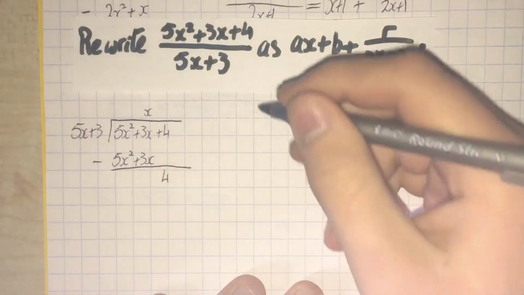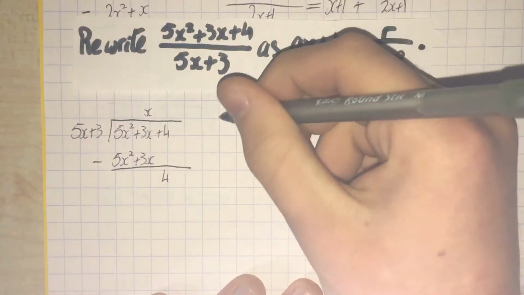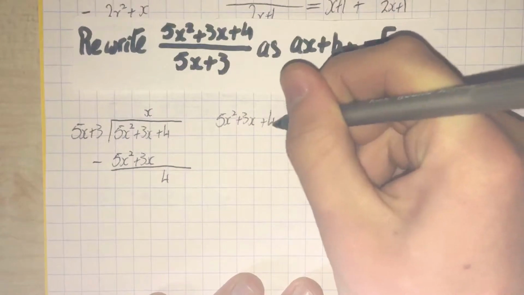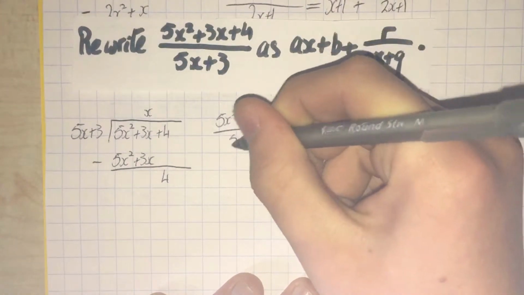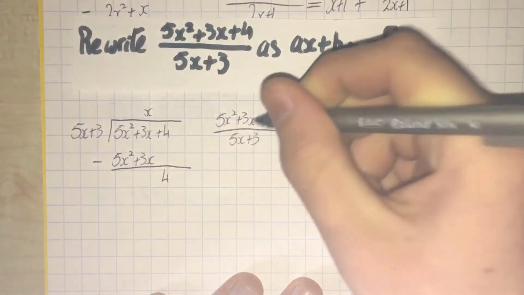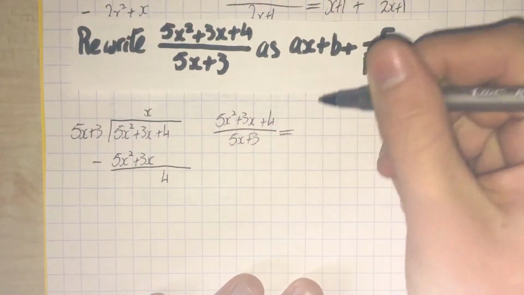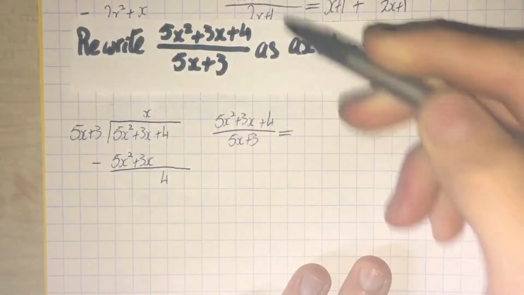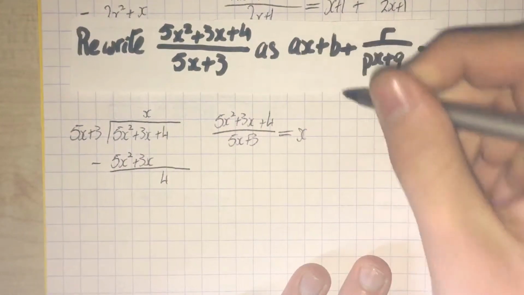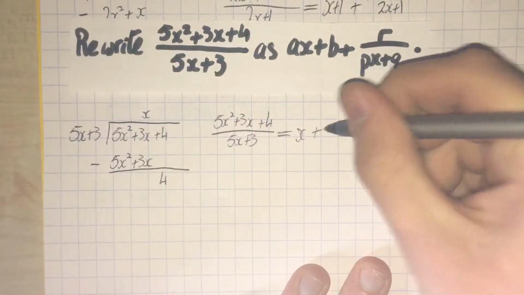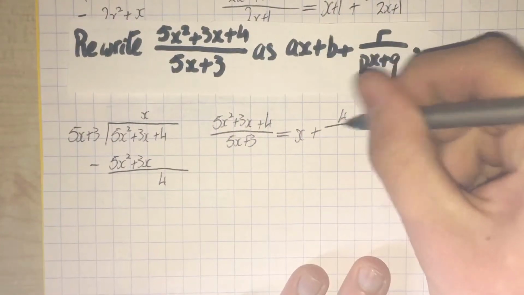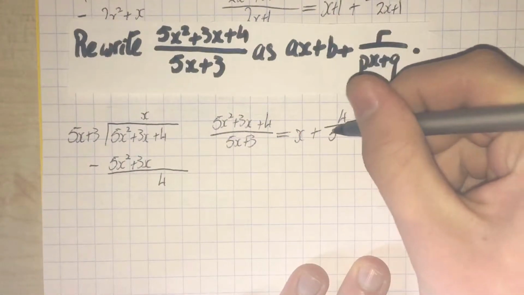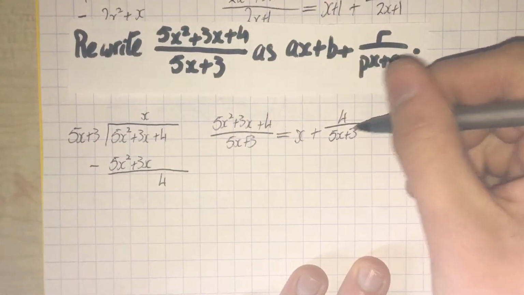This means that when we have 5x squared plus 3x plus 4 all over 5x plus 3, that will equal our term that we managed to actually divide out of it, x, which is our polynomial, plus our remainder, 4, all over what we were dividing through by, which is 5x plus 3.